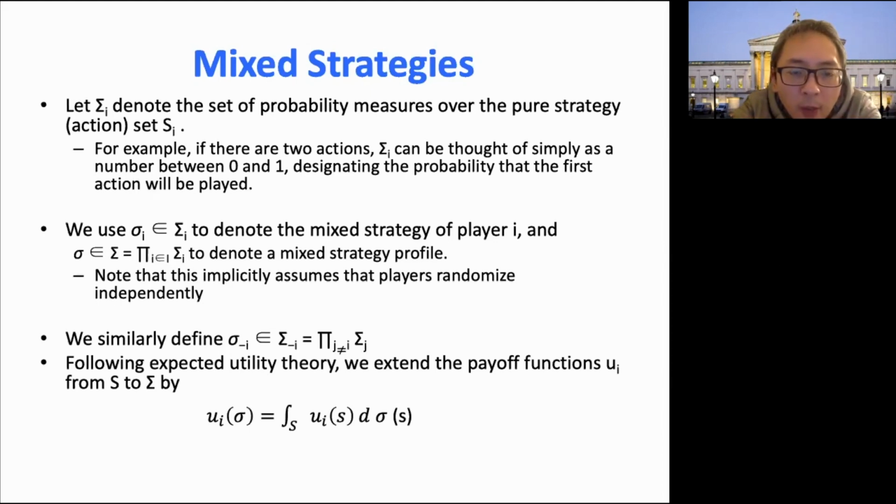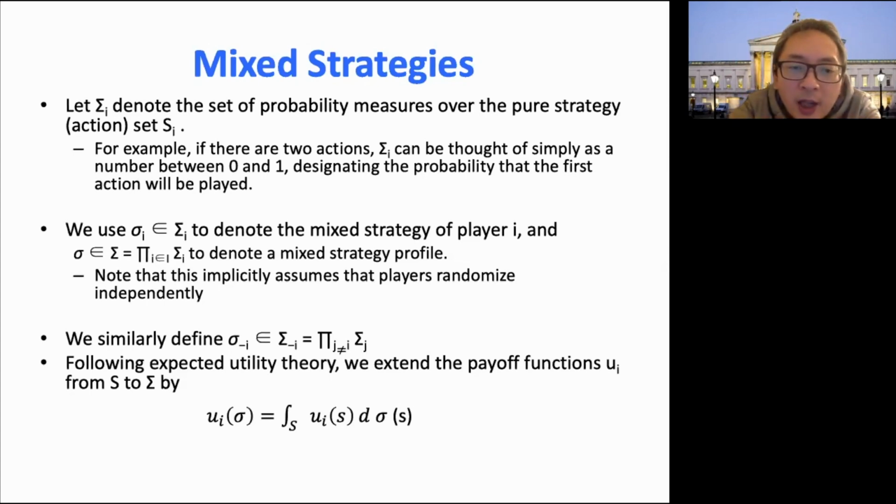So we're using this sigma minus I to represent the other agents, the other players, apart from agent I, because in some cases we might be looking at multiple agents, going beyond two agents. We might have agents 1 and 2, maybe 3, 4, 5, and so on and so forth.